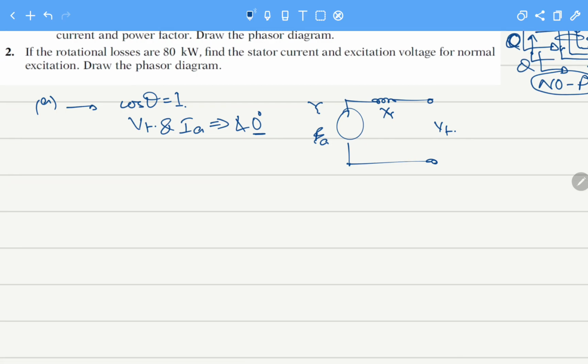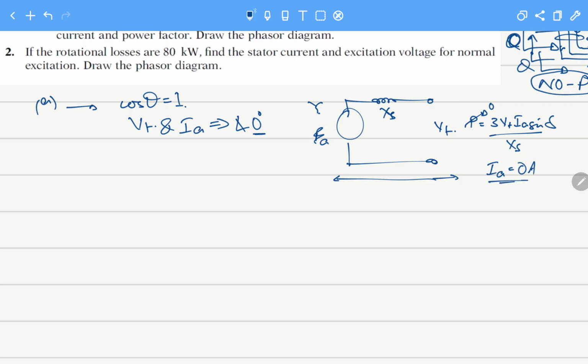Now, as no real power is being transferred between both of them, P equals 3 Vt Ia sine of the angle over Xs. This power is 0, so this automatically means that there will be no current, 0 ampere.